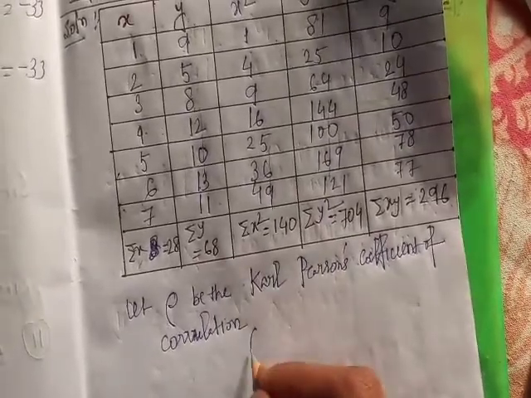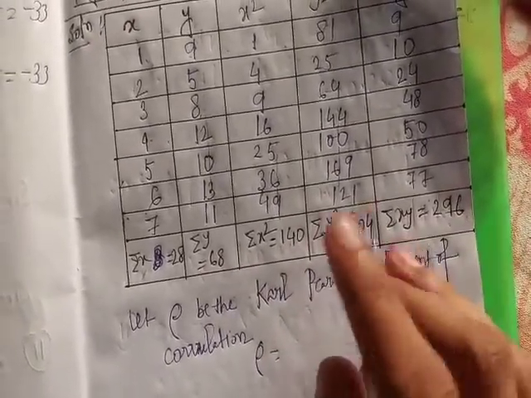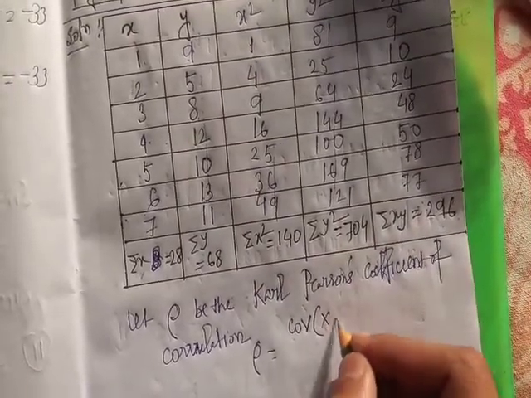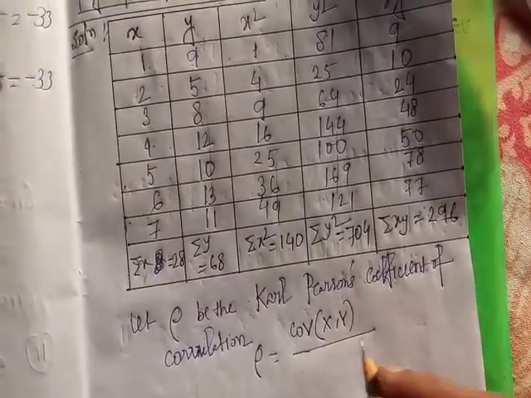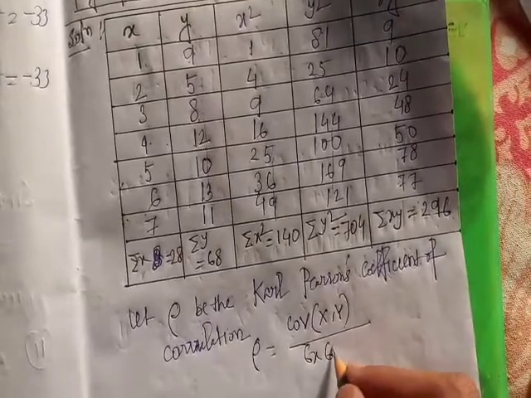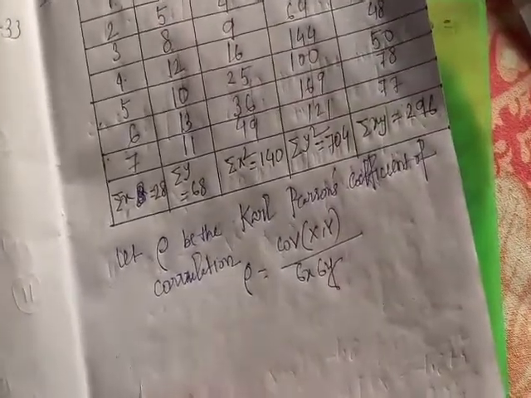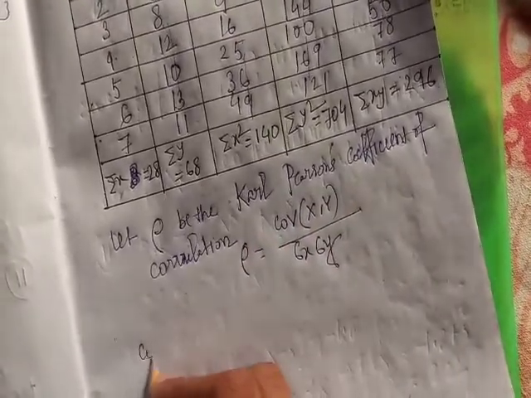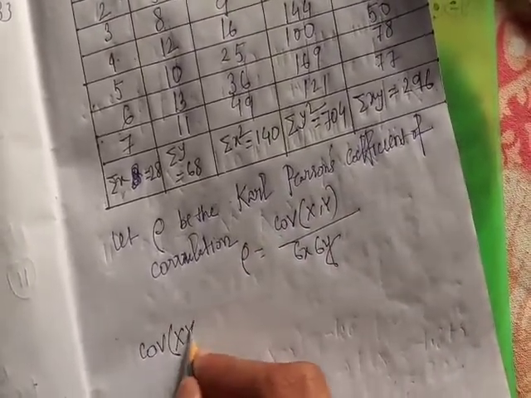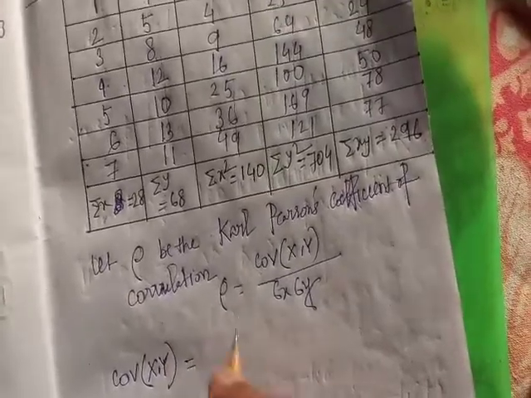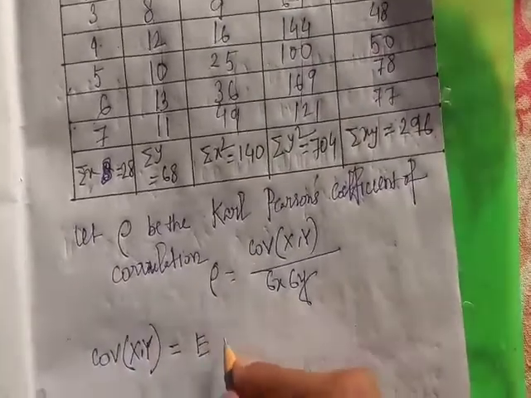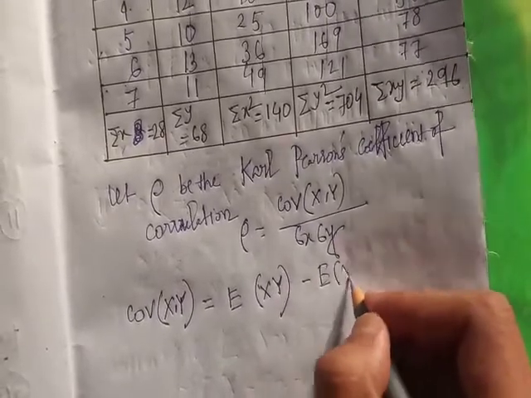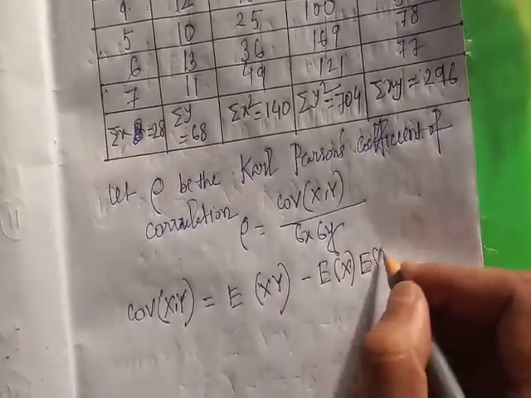Then rho is, this is the formula, covariance of xy by sigma x and sigma y. Now first we find the covariance of xy, which is expectation of xy minus expectation of x into expectation of y.